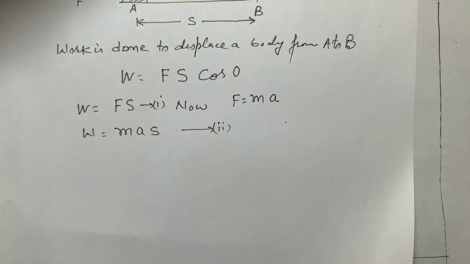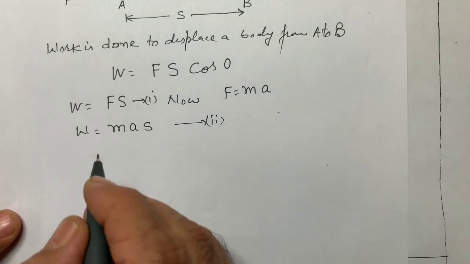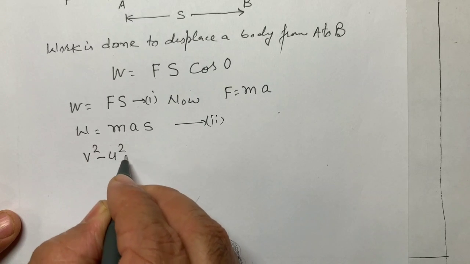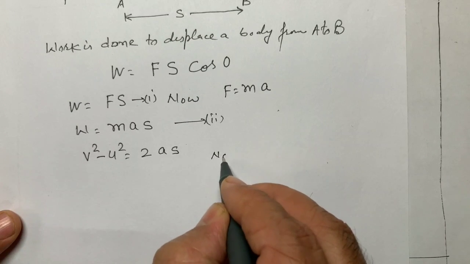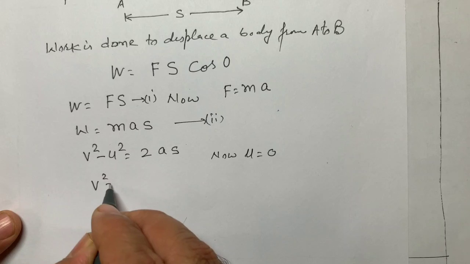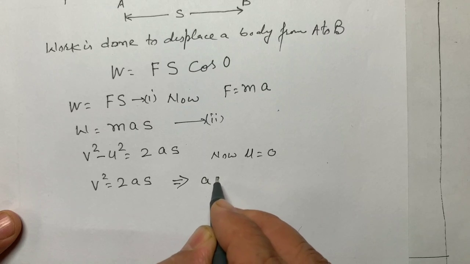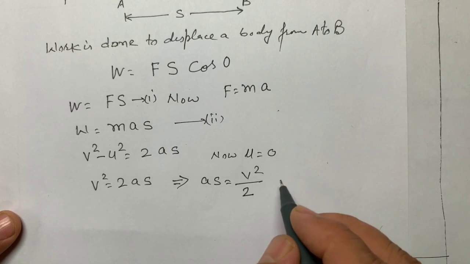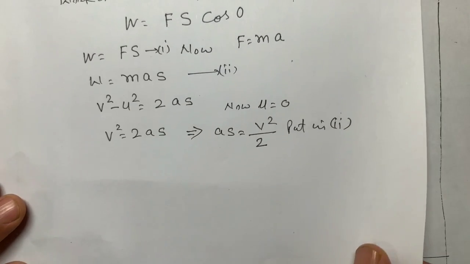Now, according to Newton's equations, we know v square minus u square is equal to 2as. This is already known. Now we are supposing that u is equal to 0. So you get v square is equal to 2as. Calculating the value of as from here, you get v square by 2. Now put this value in the second relation. What do we get?